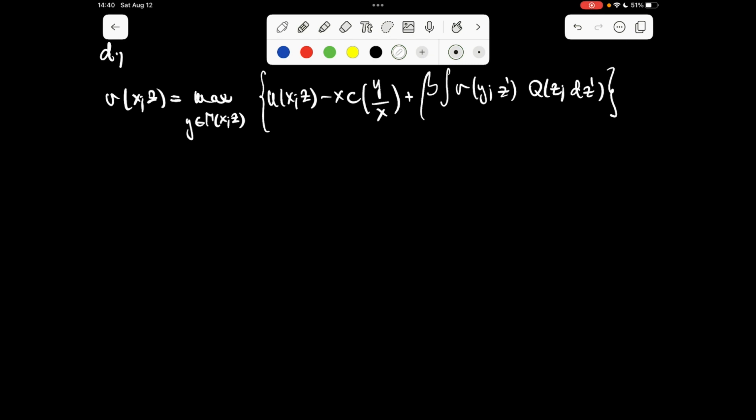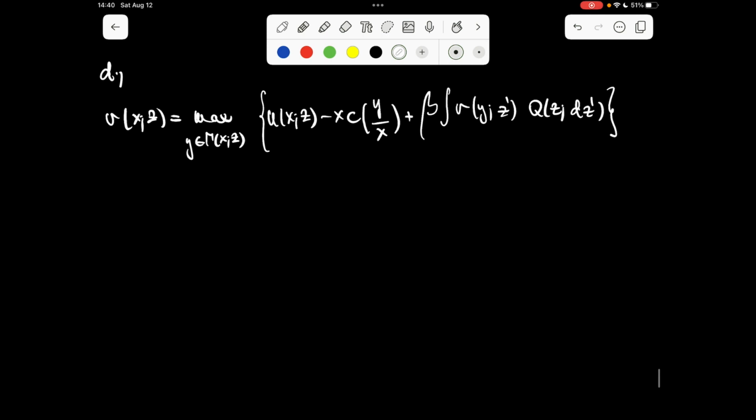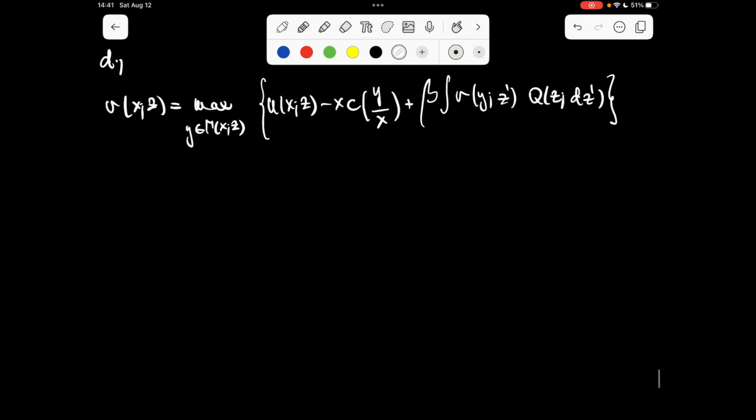In part D of the problem, we need to show that policy function g is strictly increasing in x. We have the Bellman equation for the problem, which is useful for us because we can get the first order condition of the problem from it.